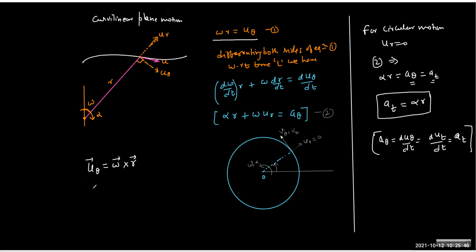And therefore, if you differentiate in vector notation, it is omega cross dr by dt plus alpha cross r.